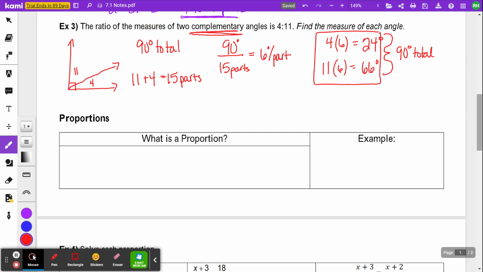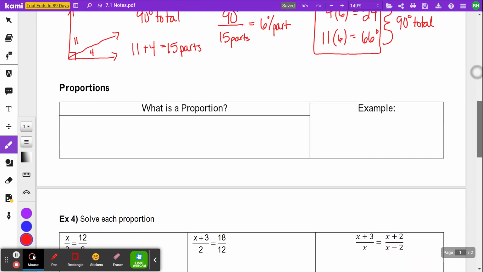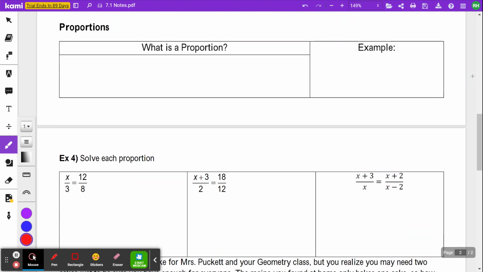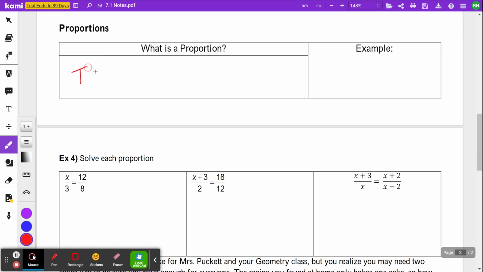Okay, so moving forward, we have ratios that we've been talking about, and ratios together make proportions. The thing is, the two ratios have to be equal. So a proportion is two or more equal ratios.